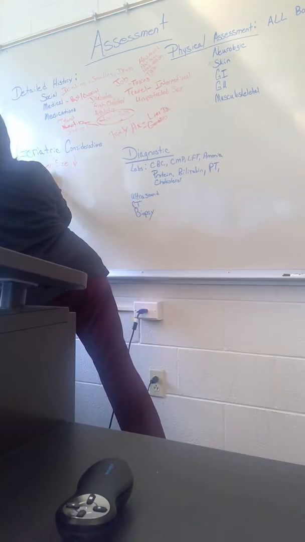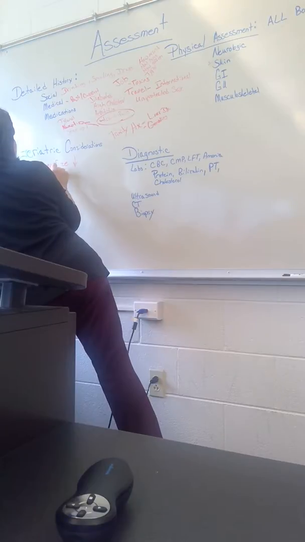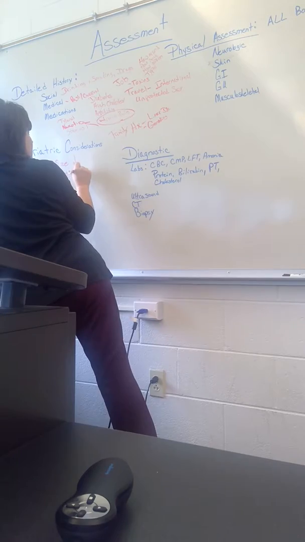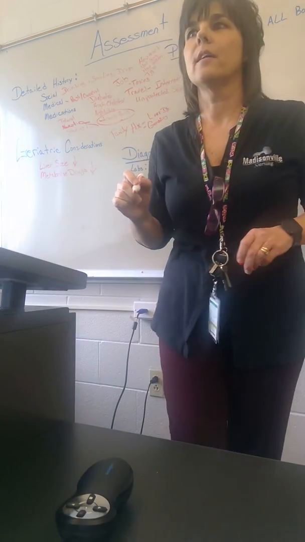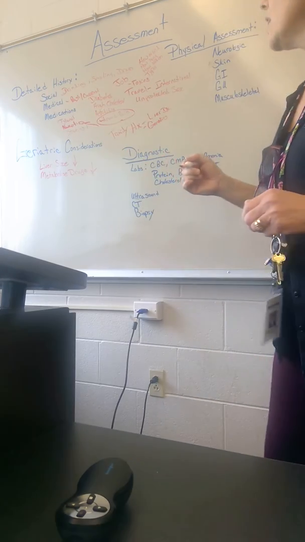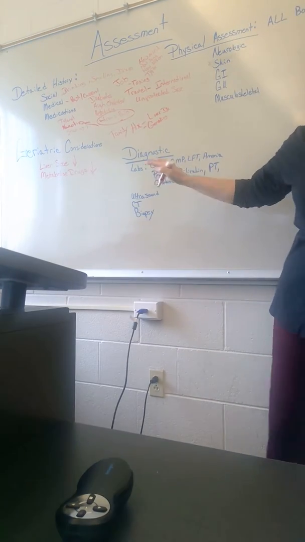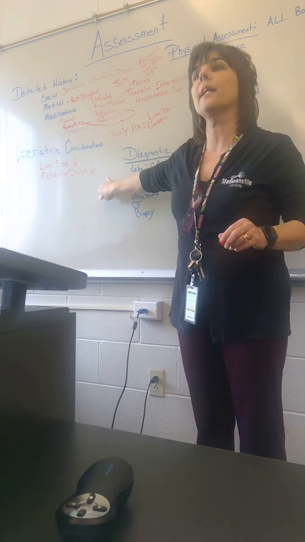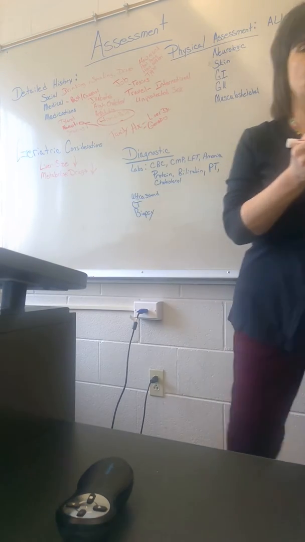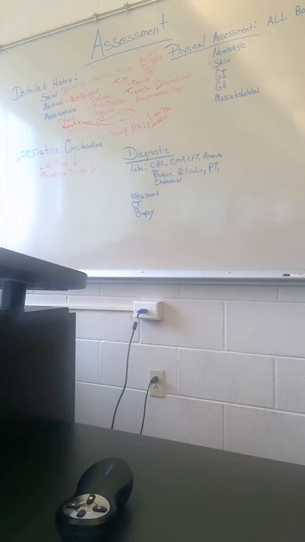So our ability to metabolize drugs, what's going to happen with that? It's going to decrease, and they can become toxic quicker. So what do we need to take into consideration when we're giving medications to this older population? They very well might need a lower dose.